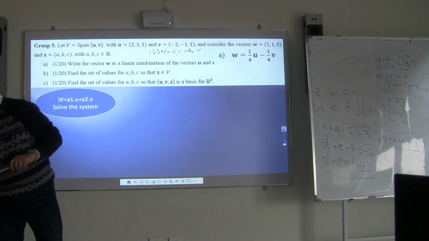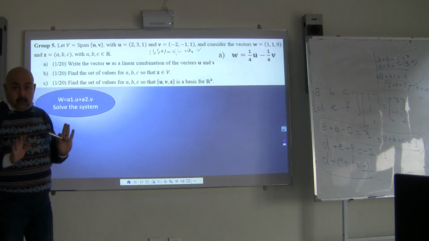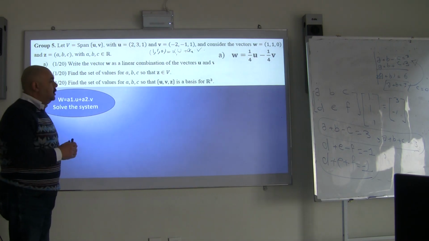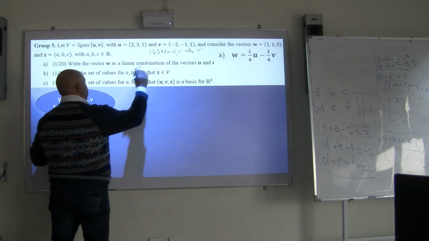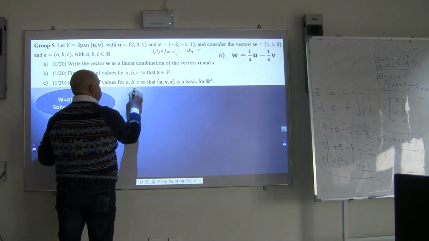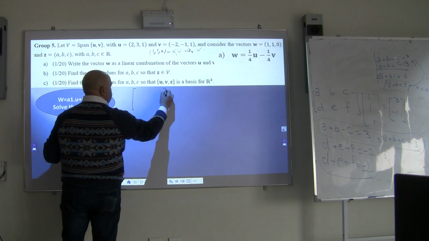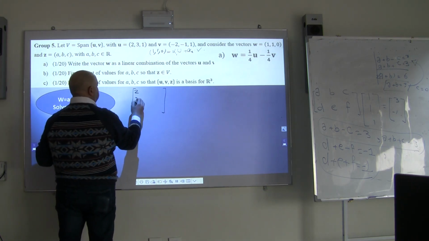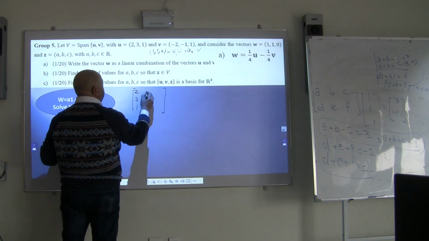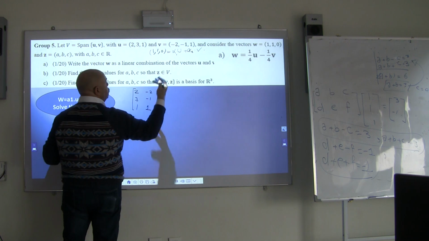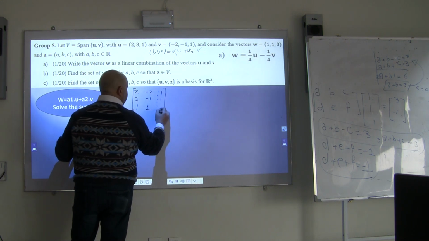Okay, I will do this once, this time in detail, just to make things easier for you. Now, for this system, I have an augmented matrix with u, which is (2, 3, 1), v, which is (-2, -1, 1), and they should equal w, which is (1, 1, 0).